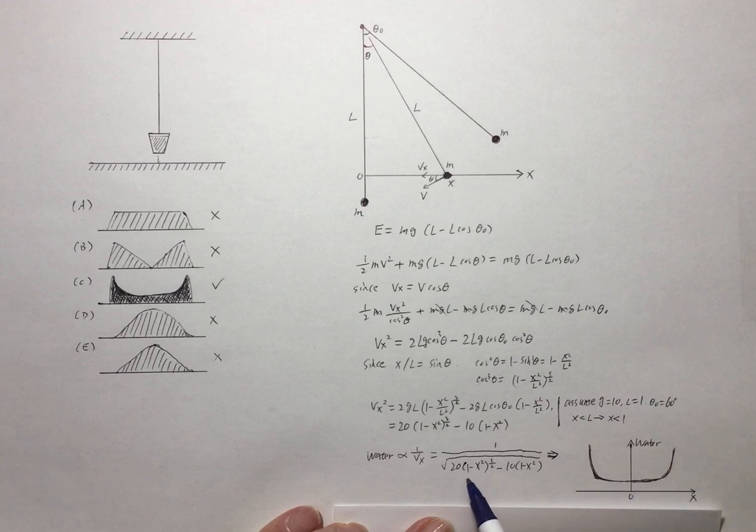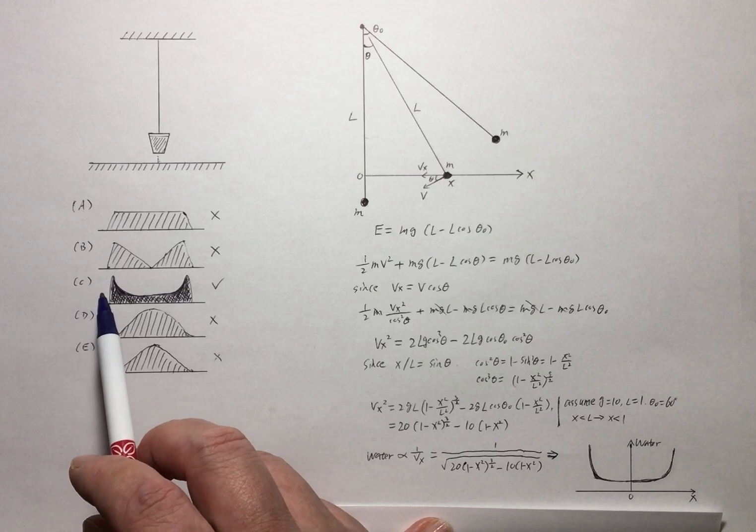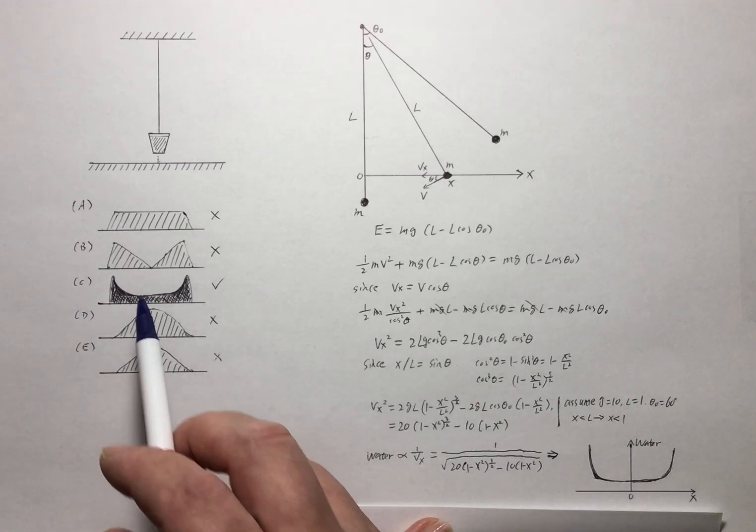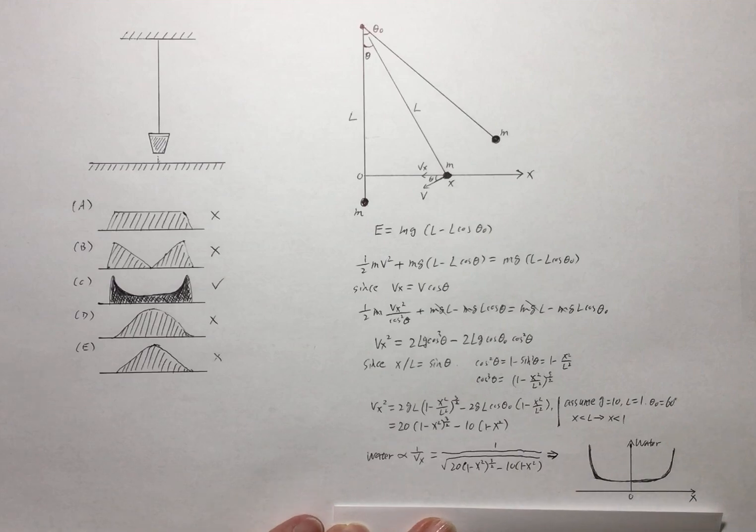We can use Excel to plot this, or we can just pick a few points, like x equal to 0 and a few more points, and then calculate. Then we can get this curve. So this curve looks very similar to curve C. So this way we prove the answer in a more strict way.